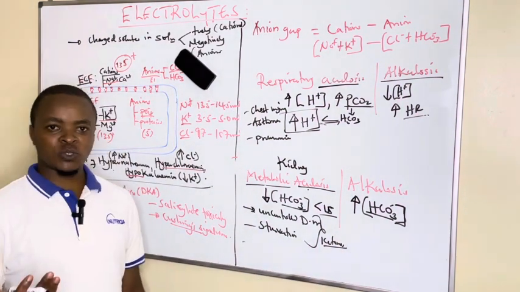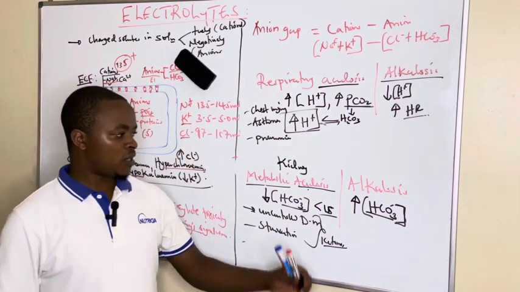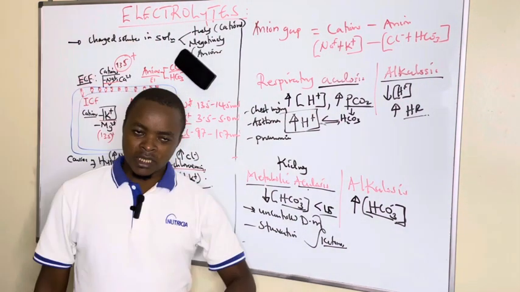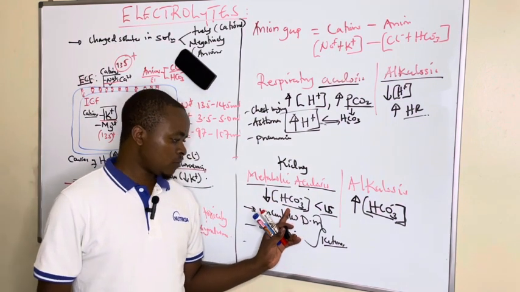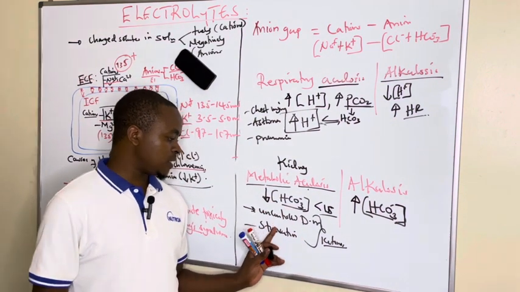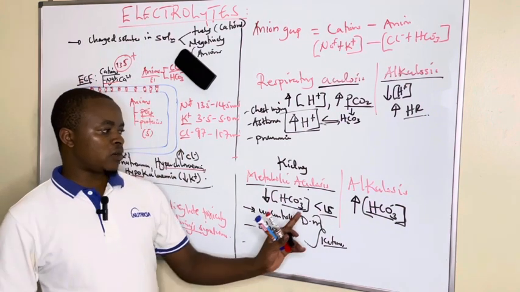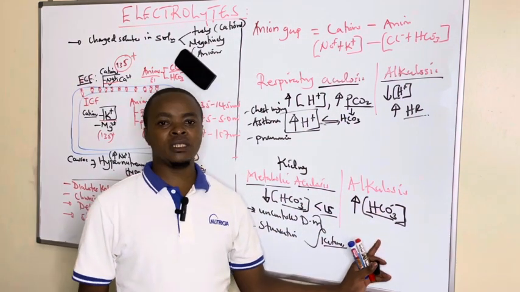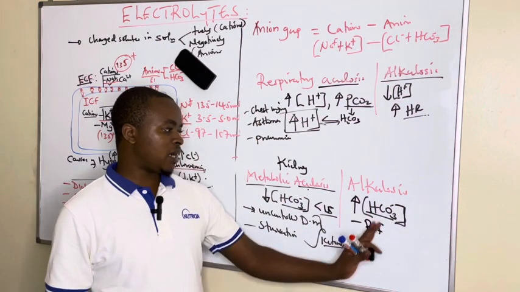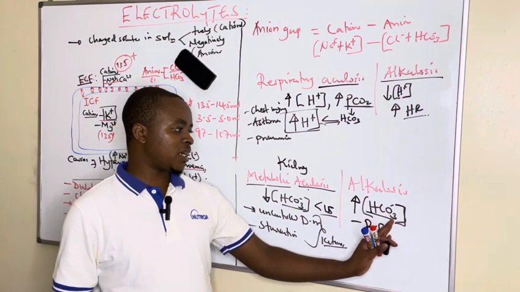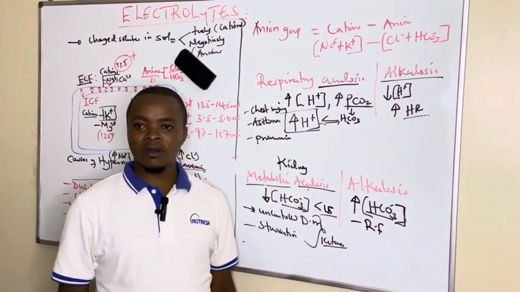So you must know the difference between metabolic acidosis and alkalosis. Metabolic acidosis is decrease in bicarbonate reserves, majorly seen in uncontrolled diabetes and starvation, and alkalosis is increased bicarbonate, majorly seen in renal failure, whereby these increased levels of bicarbonate result in metabolic alkalosis.